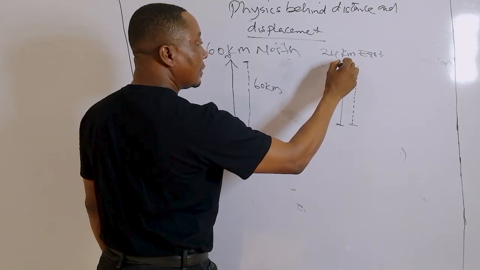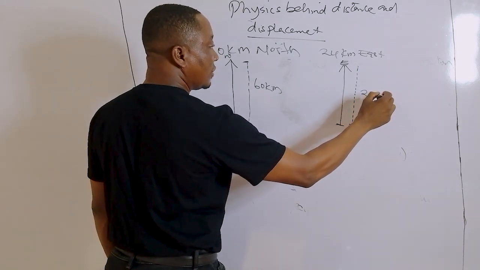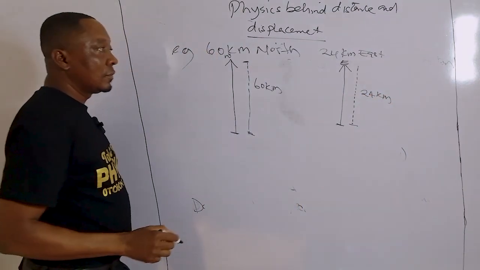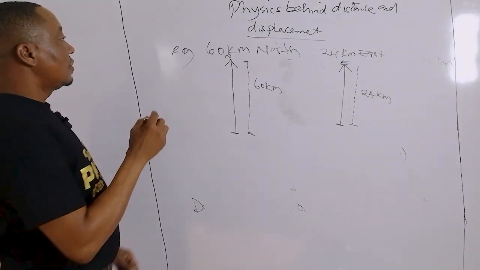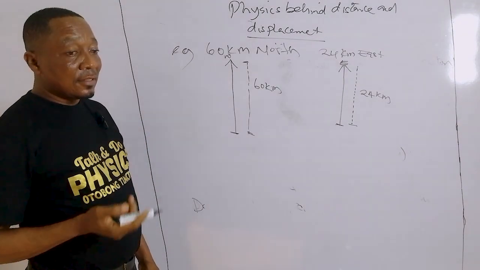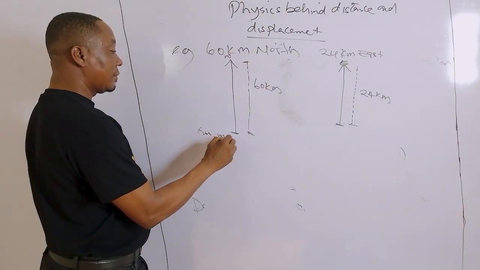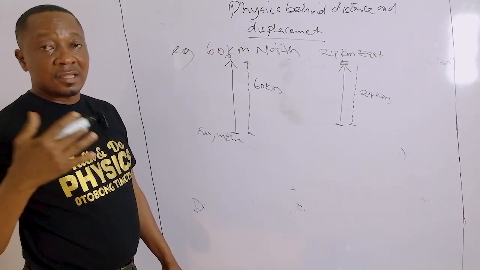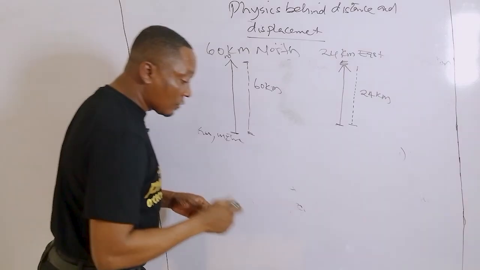This is the east, and this is 24 kilometer. That is the displacement. And like I've said, displacement is also measured in kilometer, meter, and it is a vector quantity.